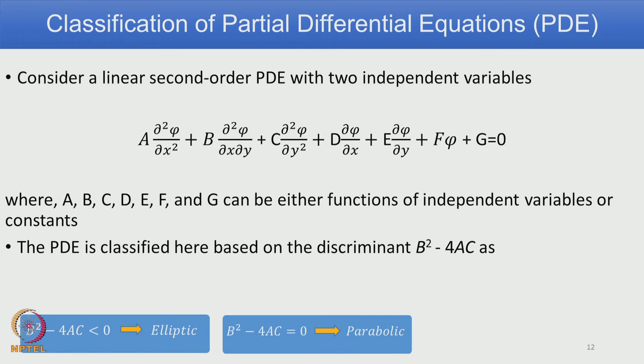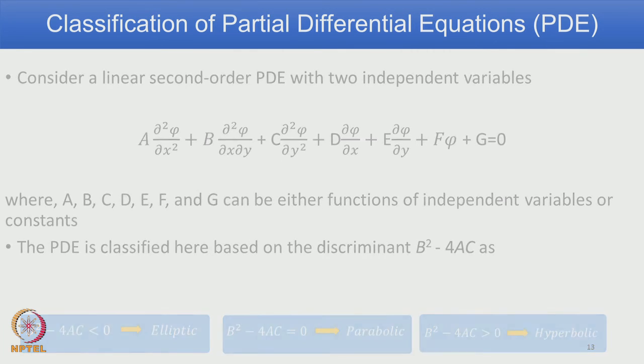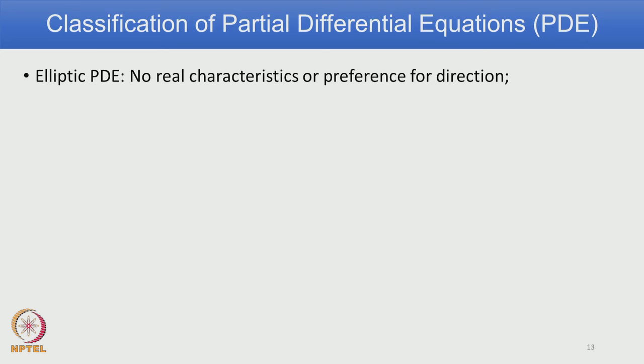Similarly, if b squared minus 4ac is equal to 0, then it is parabolic, and if b squared minus 4ac is greater than 0, then it is hyperbolic. Now, we are going to see details of this. So, in an elliptic PDE there are no real characteristics, there is no specific direction preference.